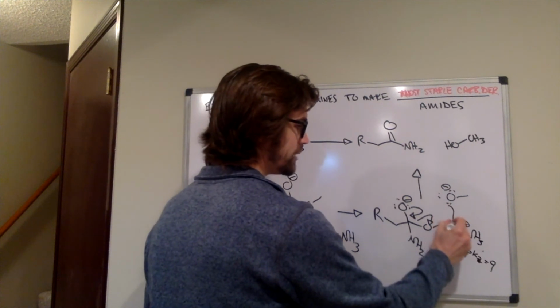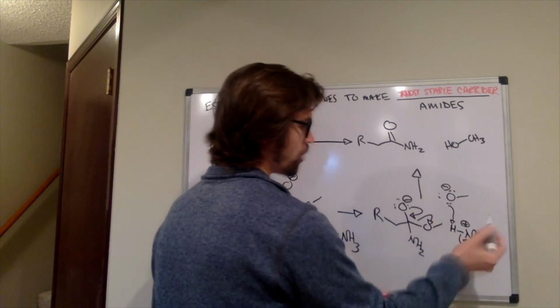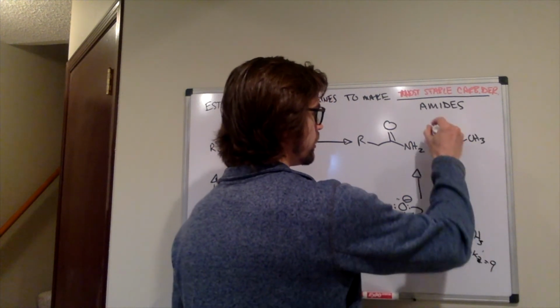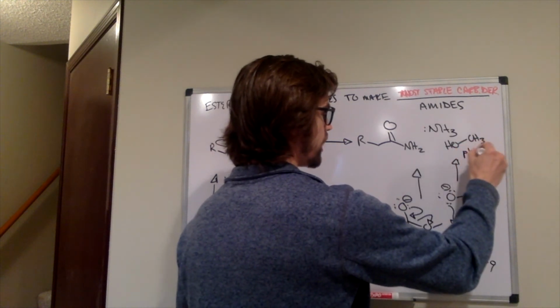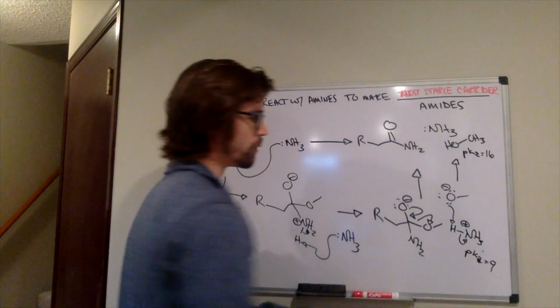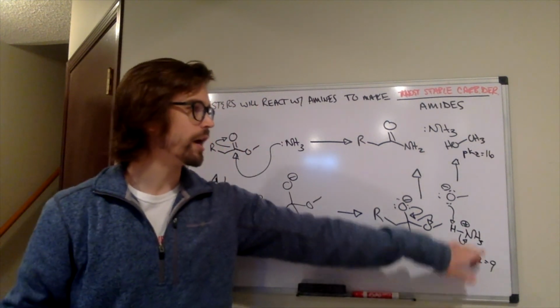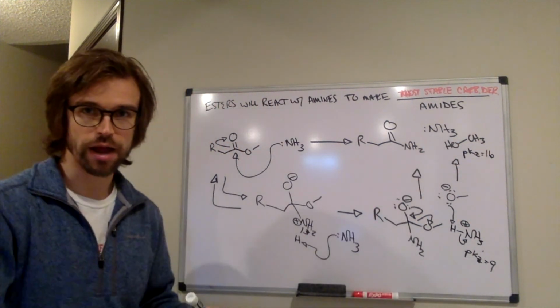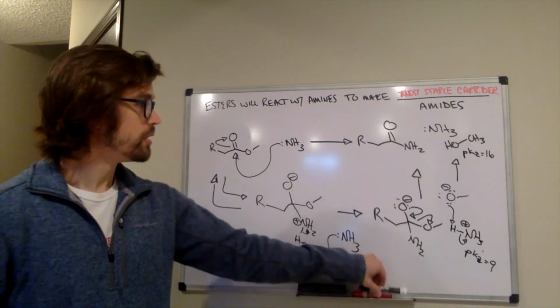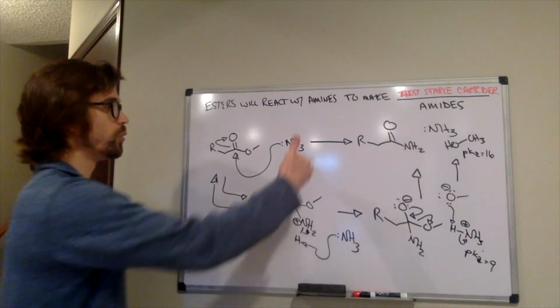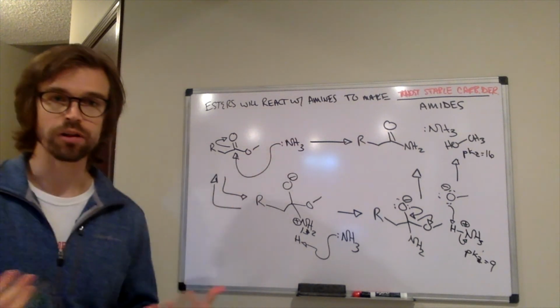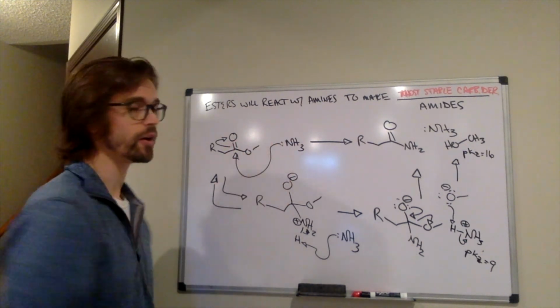So this acid-base transfer that I will draw in right here is really downhill. This guy here has a pKa around 16. So we went from the stronger acid to the weaker acid, a downhill reaction, to regenerate our amine, which allows it to act as the nucleophile in this reaction.